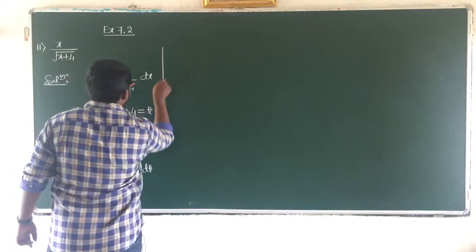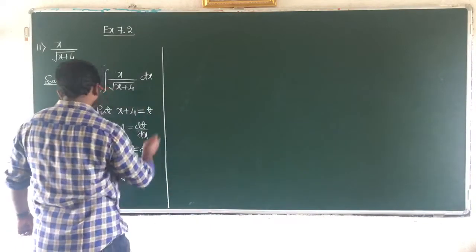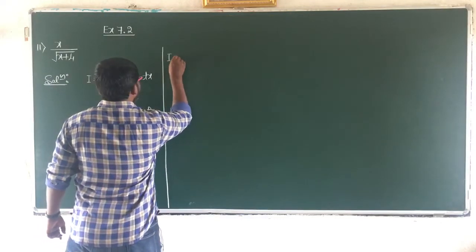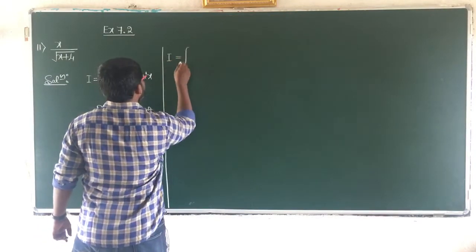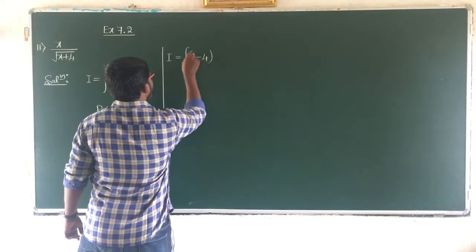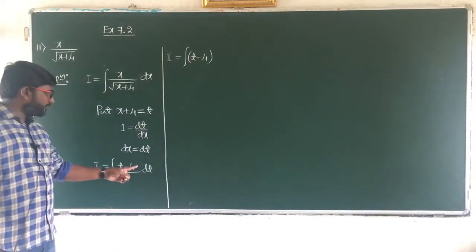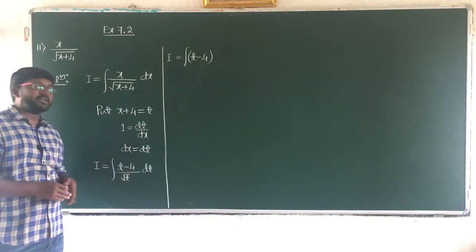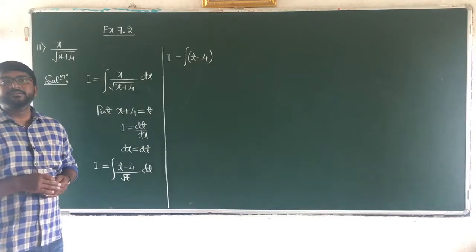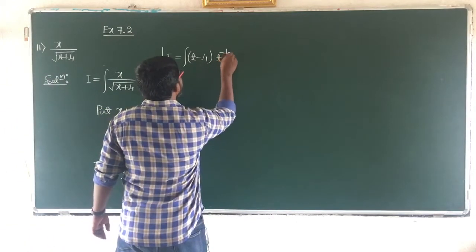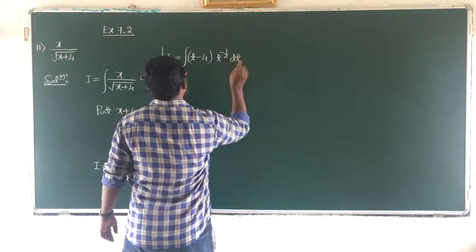So now let us simplify this further. I is equal to the integral t minus 4 as it is, then now see here 1 by root t, that is t raised to 1 by 2. Take this to the numerator, it becomes t to the power minus 1 by 2. So it is t raised to minus 1 by 2 dt.